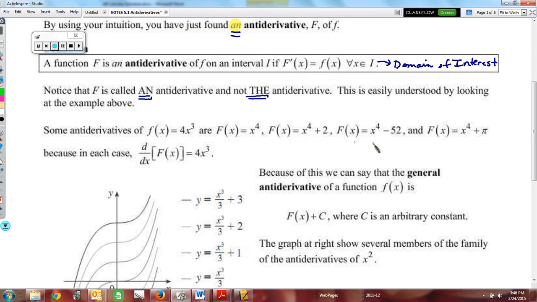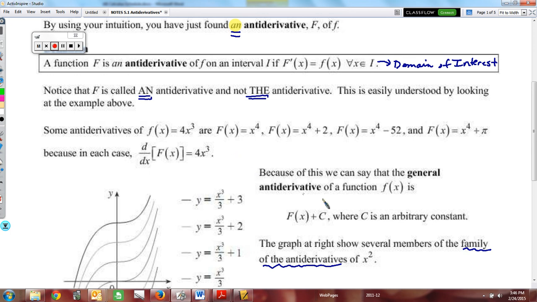All of these are possibilities, because in each case, when we take the derivative of capital F of x, the derivative of the antiderivative, we get this 4x cubed. We call these basically a family of antiderivatives. There are infinitely many of them based on our constant.